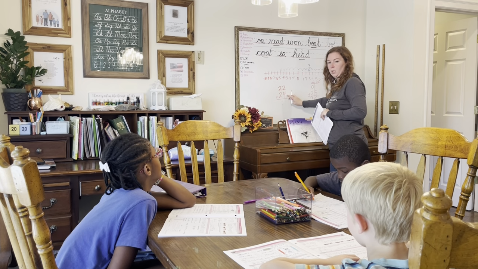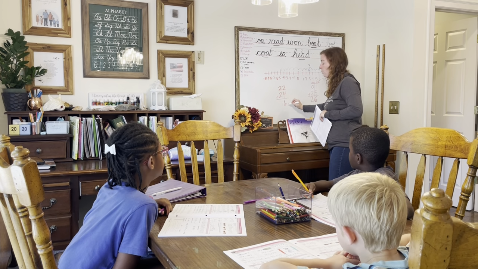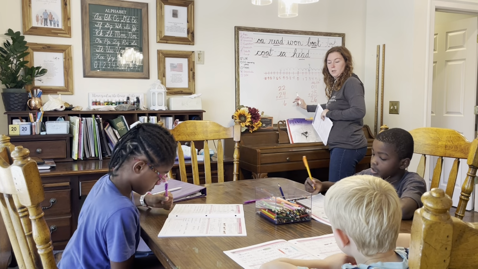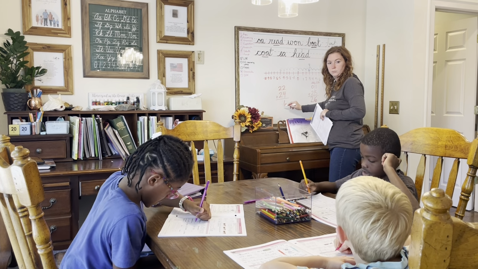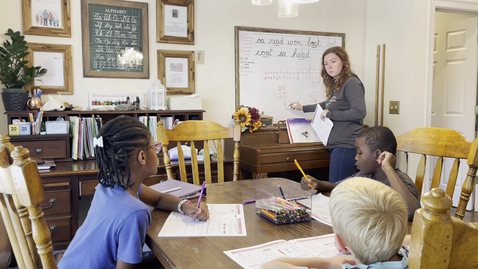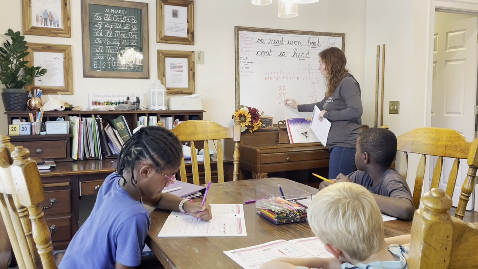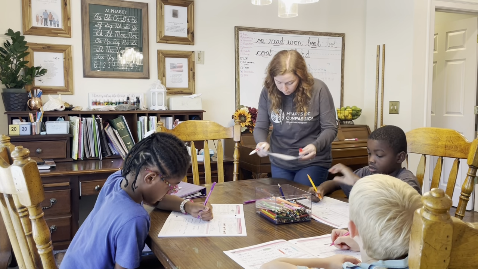So what's 2 plus 4? 6. 2 more than 4 is 6. So our 6 goes in the ones place. And what's 2 plus 2? 4. So our 4 goes in the tens place. So 22 integral plus 24 integral equals 46 integral.